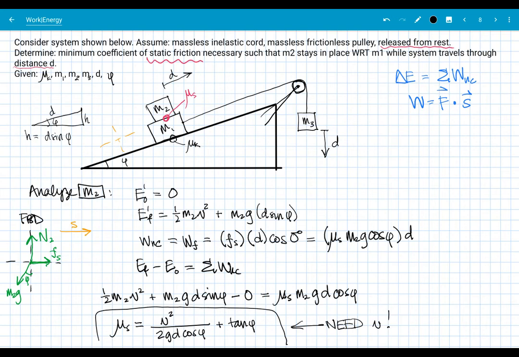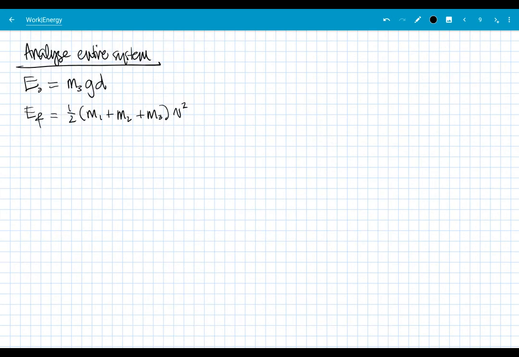But blocks 1 and 2 have gained this height h that we calculated when we were looking at the beginning of this problem, right? So after the system has moved through d, blocks 1 and 2, so that's m1 and m2, have increased in elevation. How much?